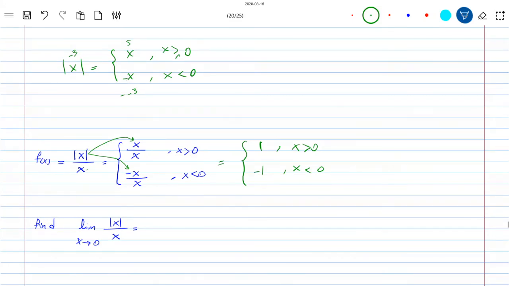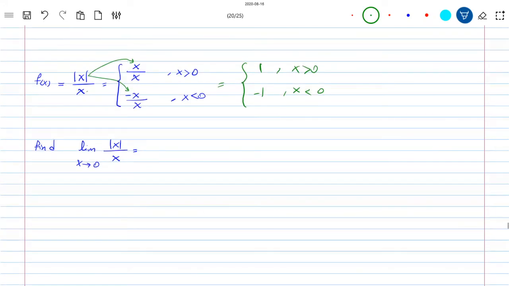Okay, so in this case, if they ask you to find the limit as x approaches 0, if you're dealing with piecewise functions, that means you have to consider both sides. This is something that you should be careful with. Piecewise functions around 0, if I approach 0 from left side or right side, it might be different. Okay, let's say x approaches 0 from right side.